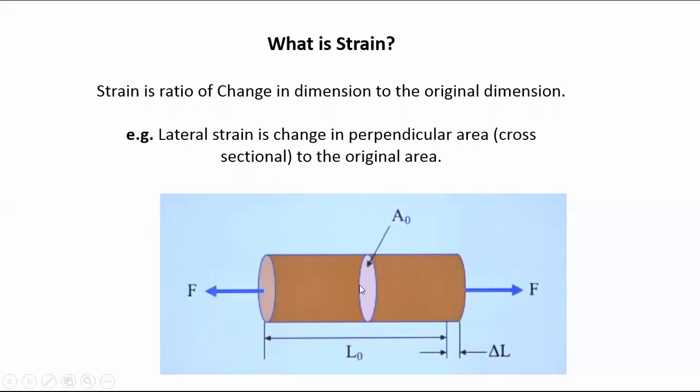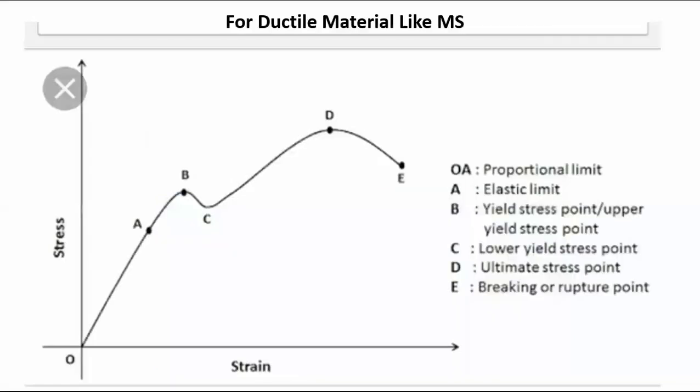Let us say that change in area is delta A, and the original area is A0. Then what will be the lateral strain? Delta A divided by A. Similarly, longitudinal strain and volumetric strain, which we have seen in previous slides.